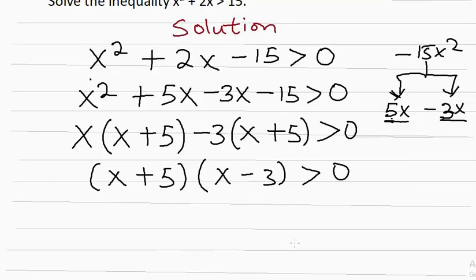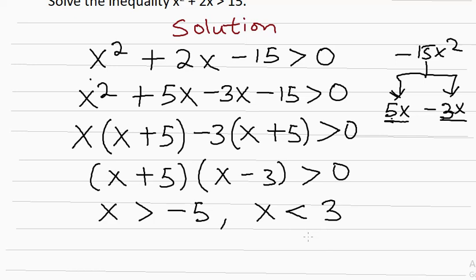So let's look at the range. The very first, we have that x plus 5, if I take plus 5 to the other side, it's going to be negative. So definitely x is greater than minus 5. Then if I take minus 3 to the other side of the equation, it's going to be positive. So that means x is less than 3.